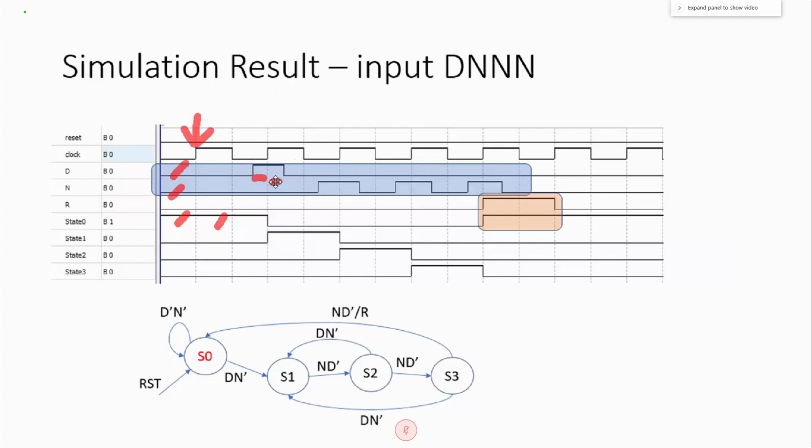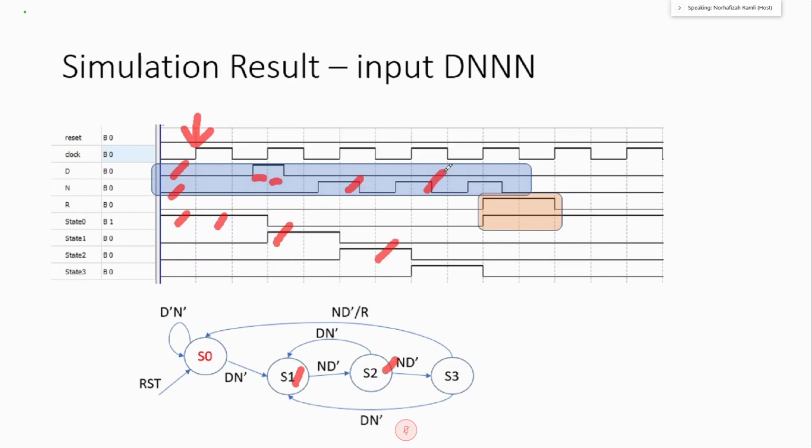So this is D. If you receive D, it will go to state 1. So now we are here. D from here goes here. And then you receive N, that means you go to state 2. We are here now.